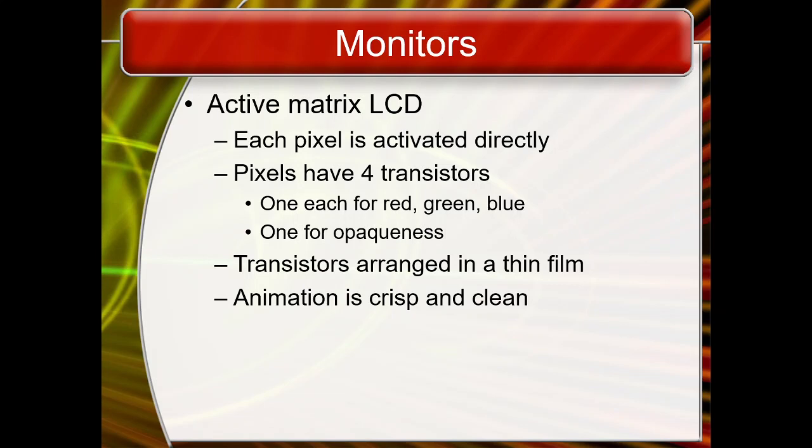For active matrix LCD, each pixel is activated directly, and pixels have 4 transistors. Nowadays they have more than 4, rather they use ICs, integrated circuits, one for each color RGB, and one for opaqueness. Transistors are arranged in a thin film, and animation is crisp and clear. This is the basic difference between passive matrix and active matrix LCD.